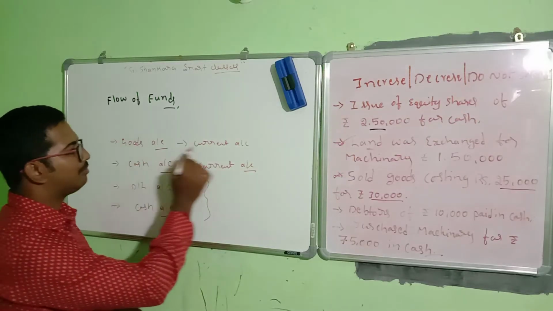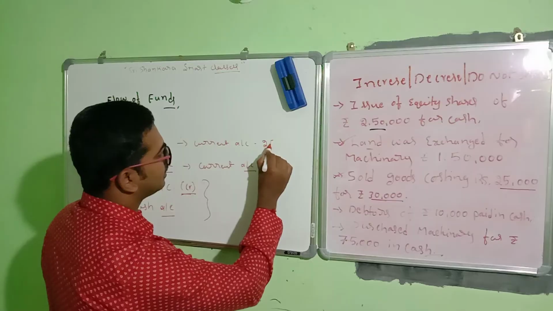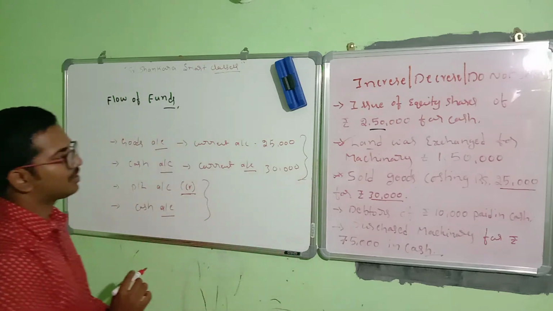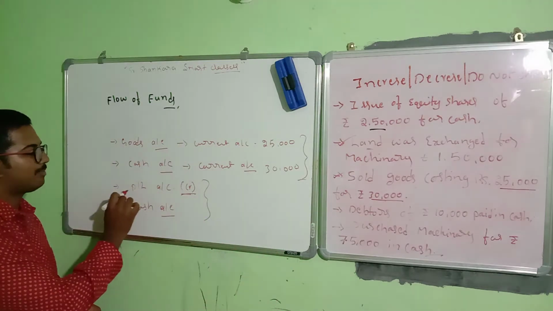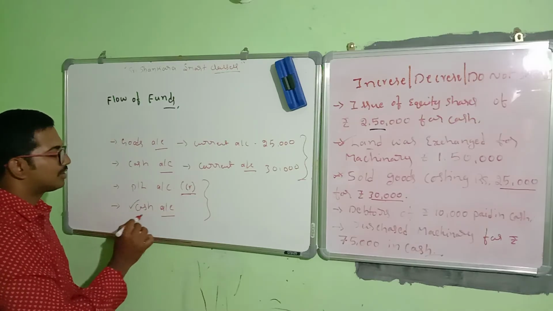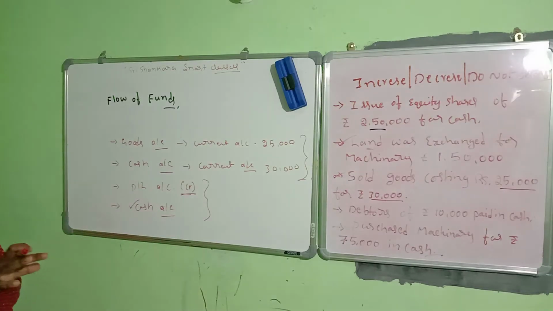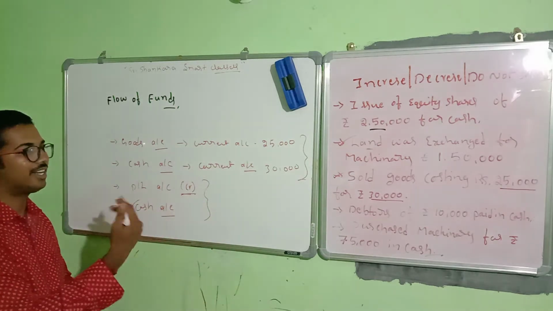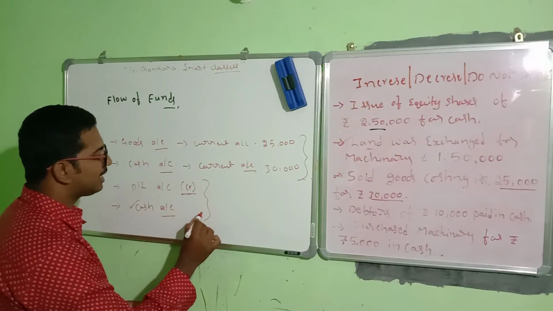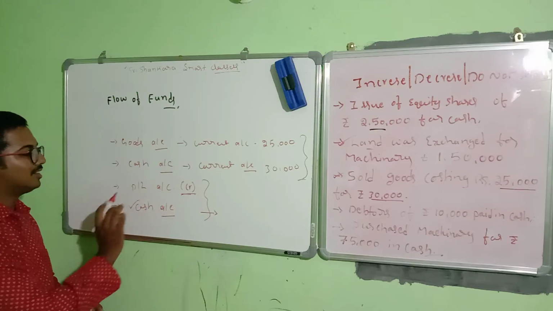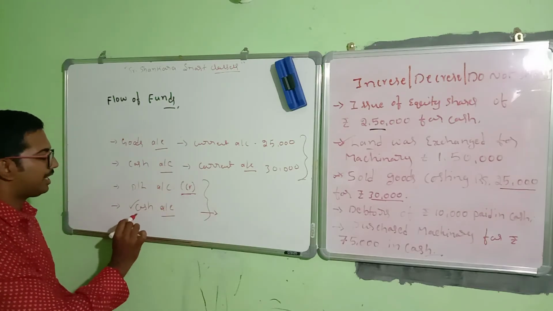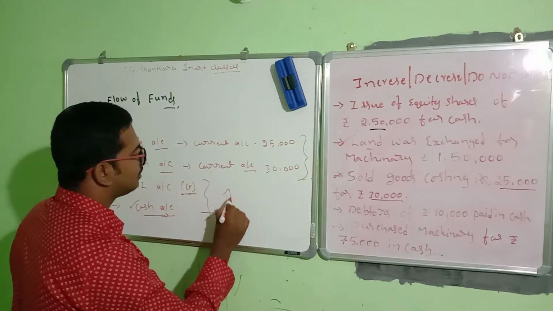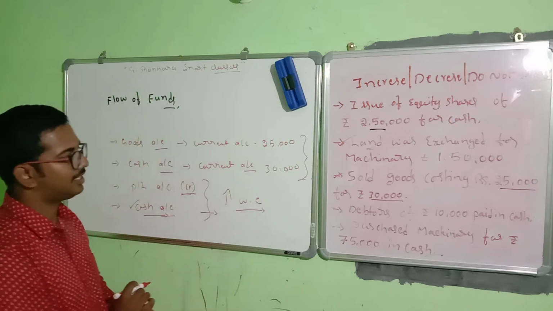Here, goods worth rupees 25,000 were sold for rupees 30,000, so it leads to profit. The P&L account is credited by cash, so there is an increase in cash. In the fund flow statement, any way it increases or decreases funds leads to an increase or decrease in working capital. So cash is increasing, and increasing current asset leads to an increase in working capital.